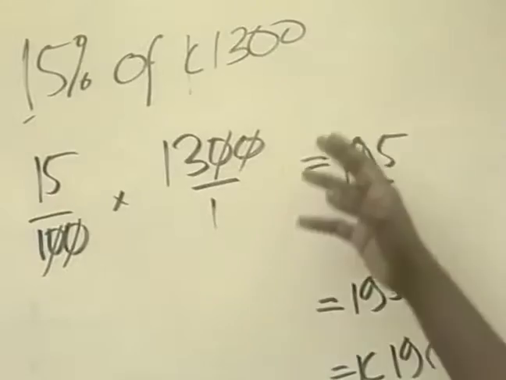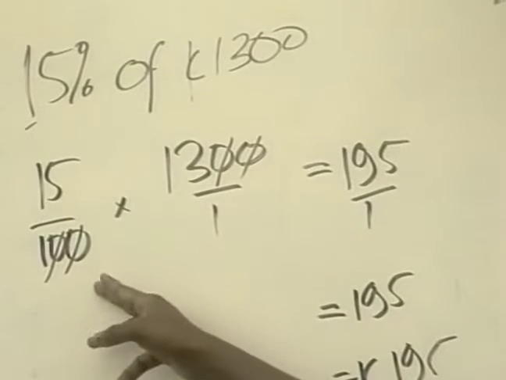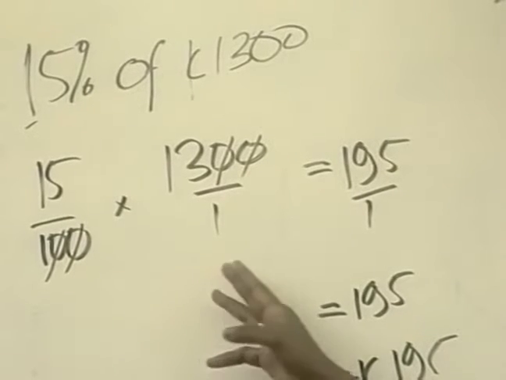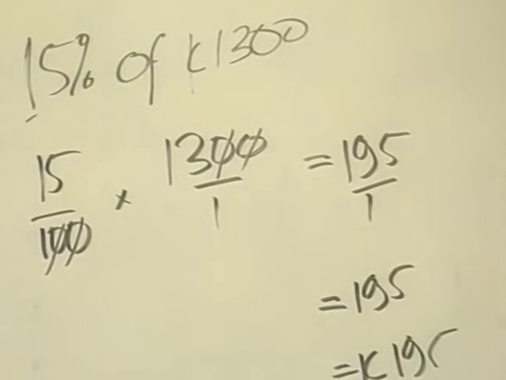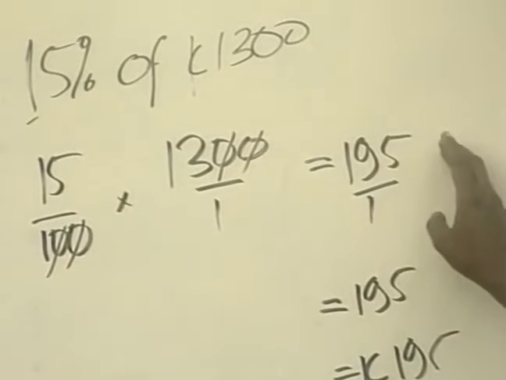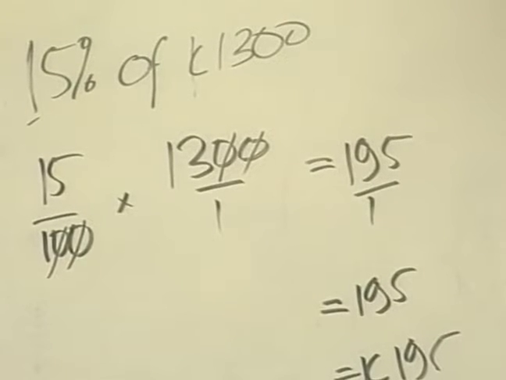15% of 1,300 kina. This is how you work out your answer. Okay, let's correct him here. He said 195 kina is the selling price. Oh, okay, he corrected himself. 195 kina is the discount.